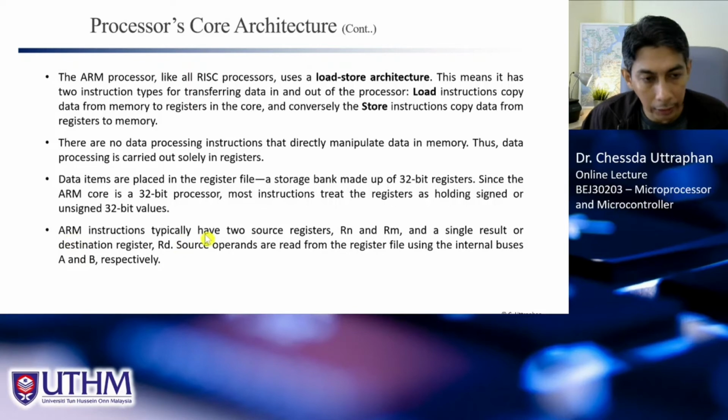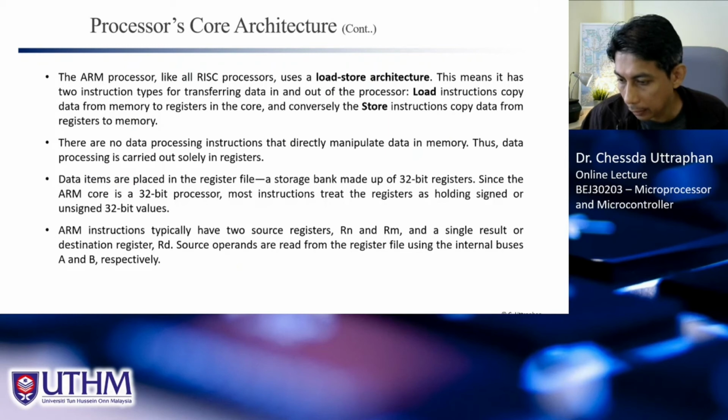ARM instructions typically have two source registers. We call them Rn and Rm, but you can use only one also, and a single result or destination register called Rd. Source operands are read from the register file using internal buses A and B respectively. So we know already that we have buses A and B for the source operands.